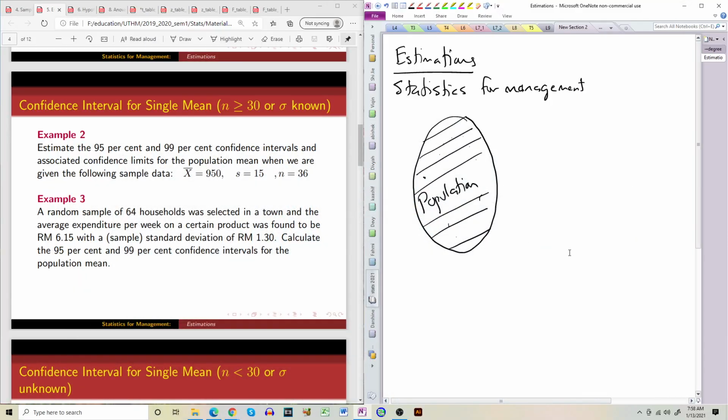Okay, if we consider all the population who are learning statistics for management, that is a population, and the mean of the population you will denote by mu. Standard deviation of the population you will denote by sigma.